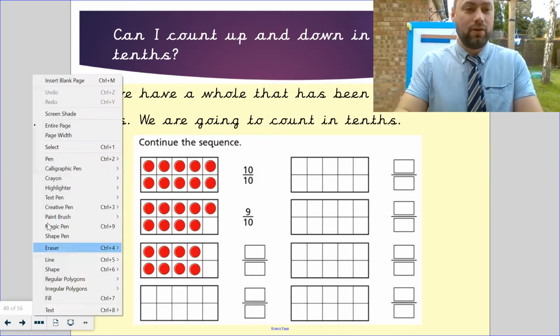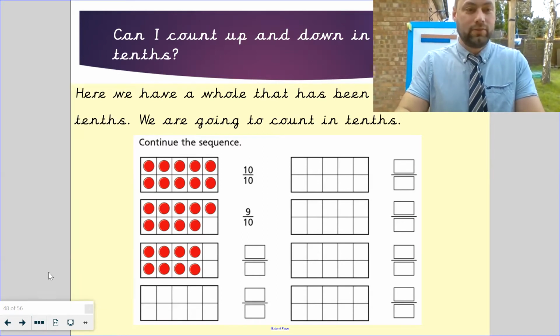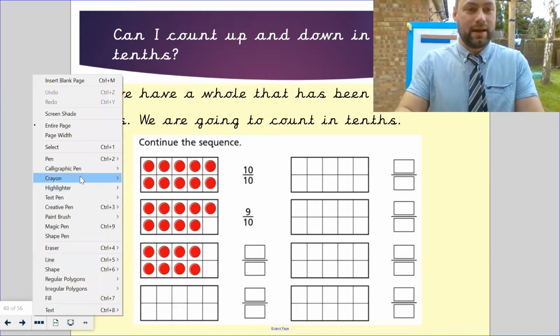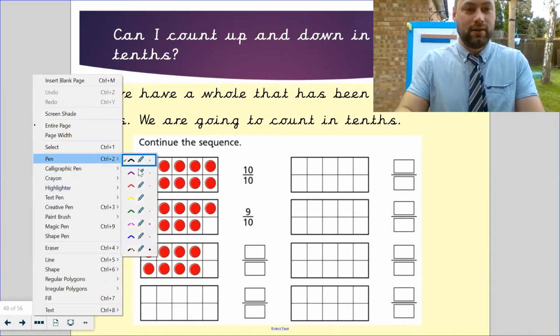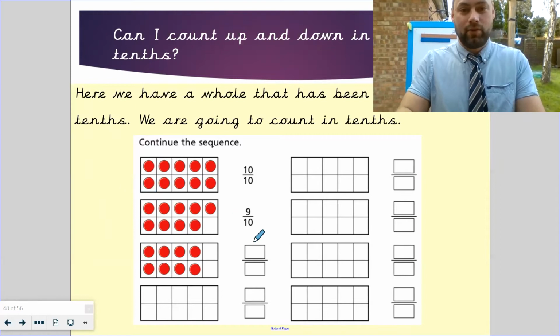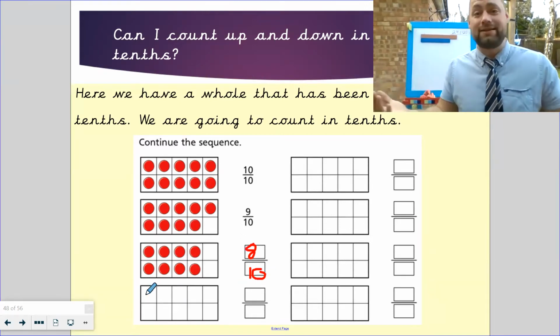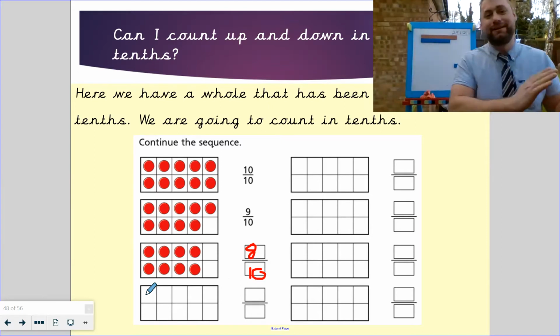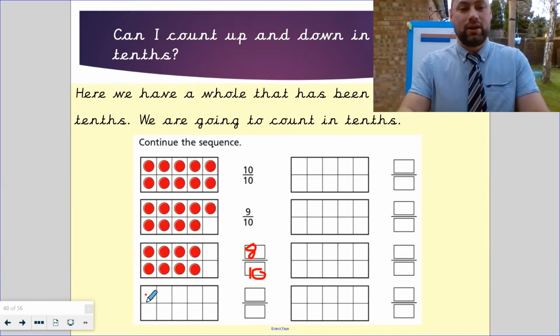So what we can do is write 8 in here, but it's still out of 10, because we divided our whole into 10 parts. We've only got 8 of them there. And then we have to look at this one. Now we need to fill in the rest. We are now going down in tenths. So what do you think the next one is going to be?